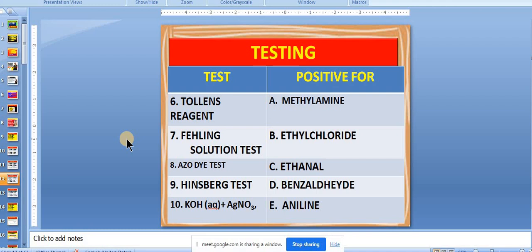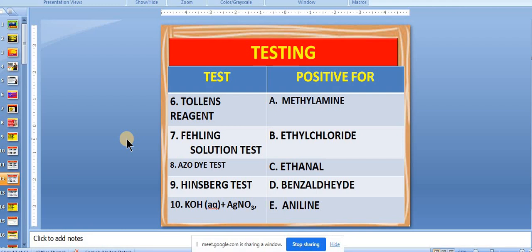Okay, now one more try. Can you please try these questions also? Tollen's reagent, Fehling solution, Azo Dye, Hinsberg, and aqueous KOH and AgNO3. 6D. 6D is absolutely right. Fehling solution is related with what? 7C.